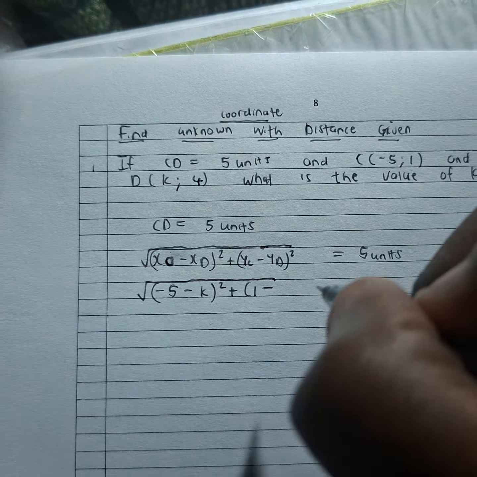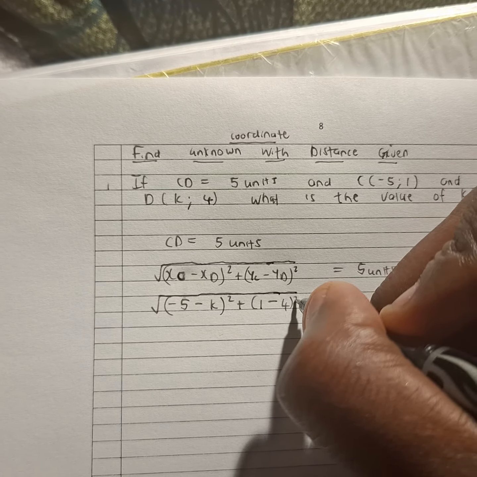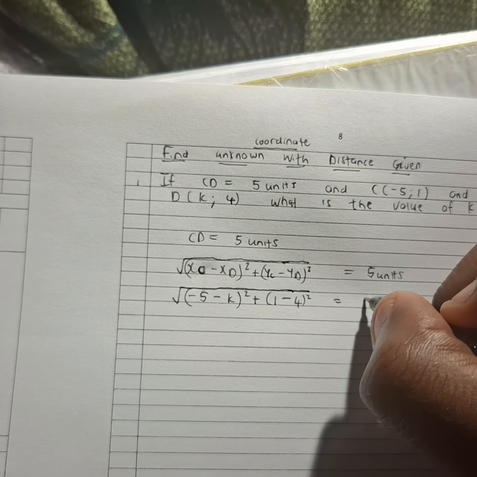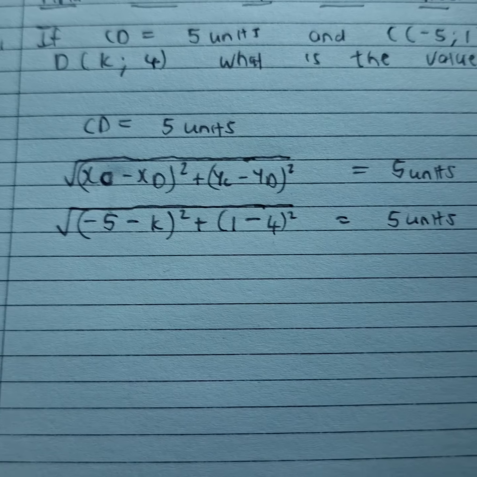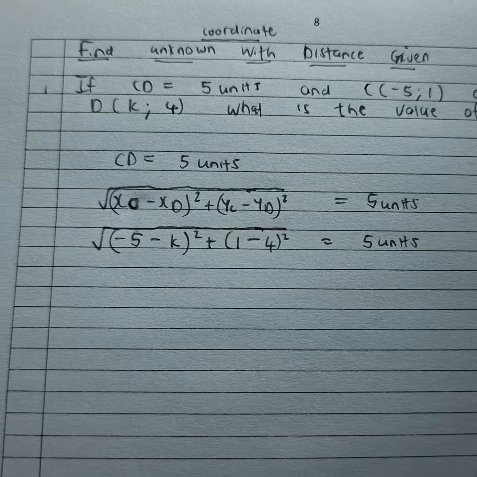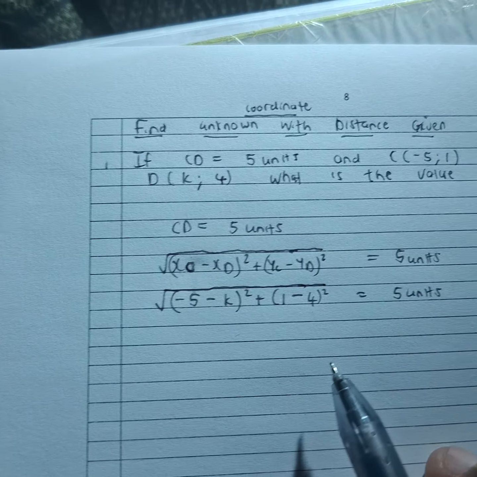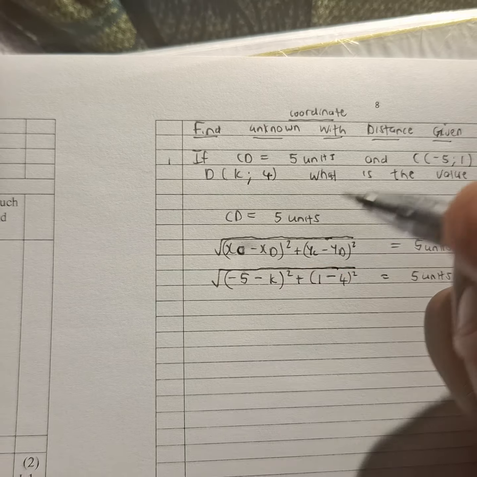The y coordinate of D is 4. Okay, and we can square that. Then we have our 5 units that's there. So hopefully you can see that, and that's very, very important for you to note.